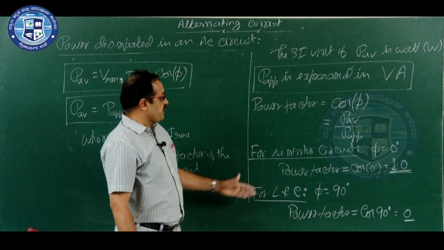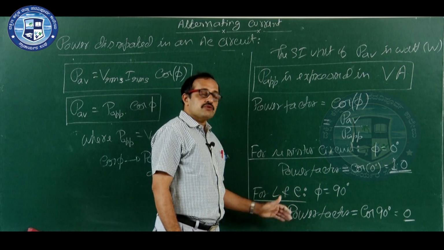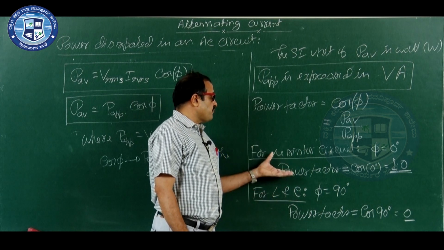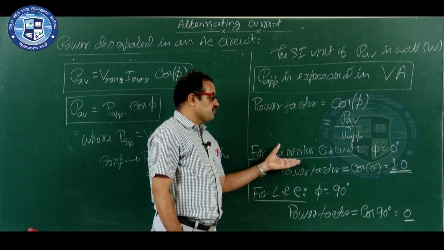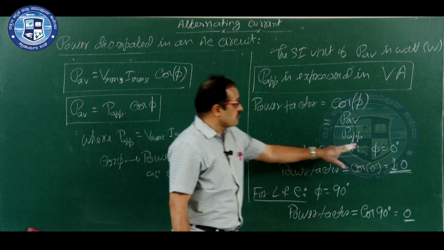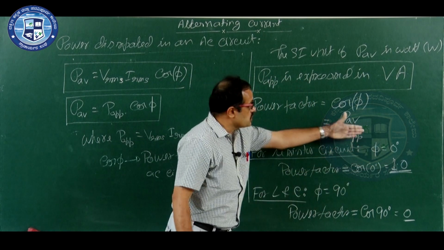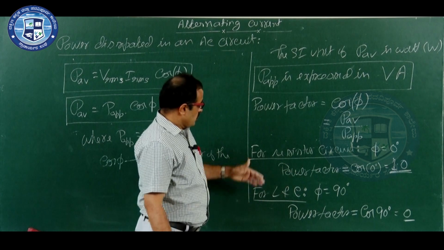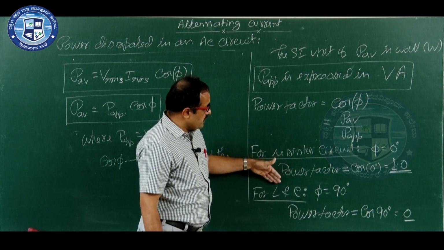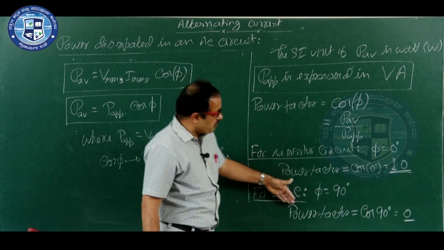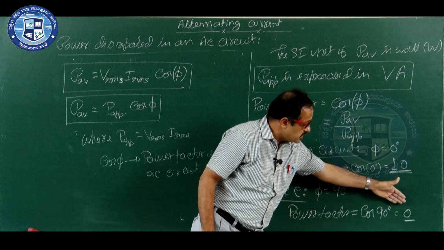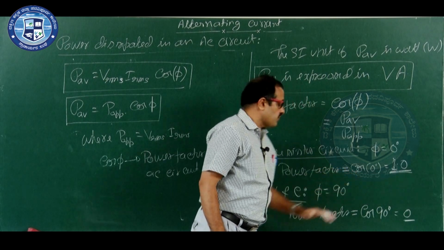So, this you can expect for 1 mark in annual exam. What is the power factor of the resistor circuit? Power factor of the resistor circuit is 1, do not write 0 degree. What is the power factor of inductor circuit or capacitor circuit? Power factor of the inductor or capacitor circuit is 0.